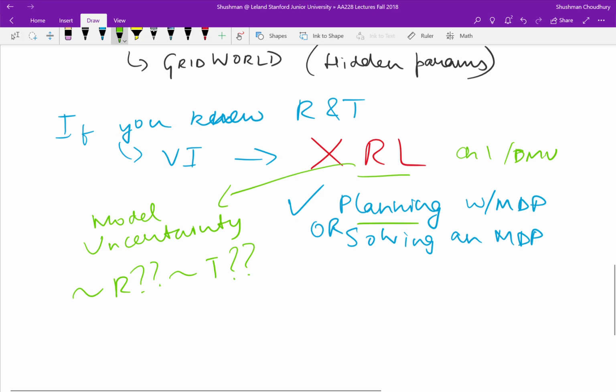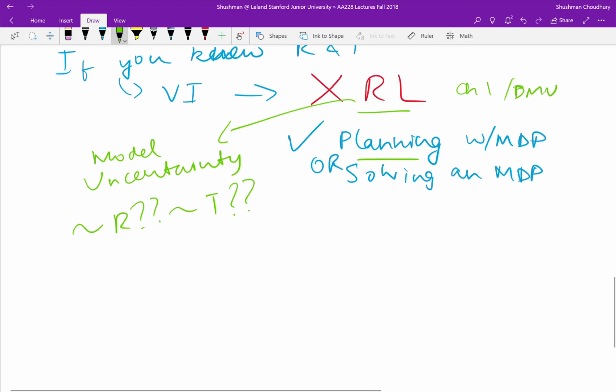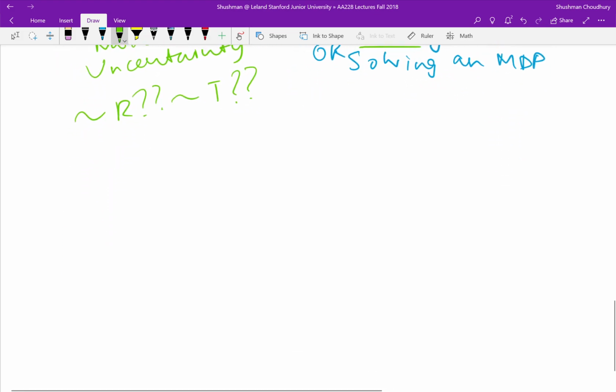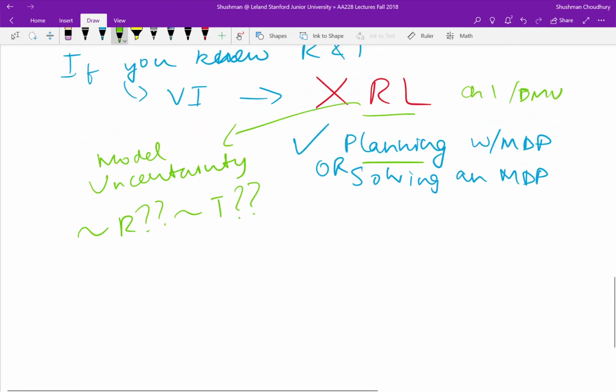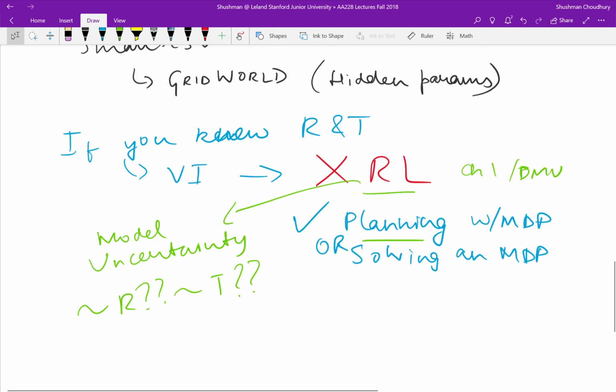But I just wanted to make this clear, because these terms can often be conflated, and I've come across this when talking to other researchers. So there's one thing that you really should take away from the preamble to all of this. It's understanding when to call it planning with an MDP or solving an MDP, and when we call it reinforcement learning.